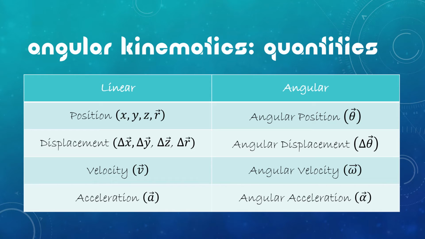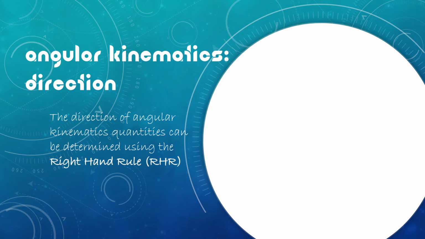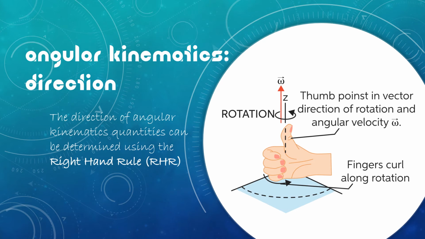Now, you may have noticed that all of these quantities have vector symbols on top of them. But the way that we do direction with angular motion is a little bit different. Specifically, we are using something called the right-hand rule. Here's a diagram that showcases the right-hand rule.